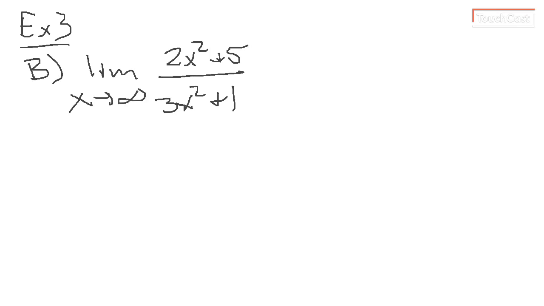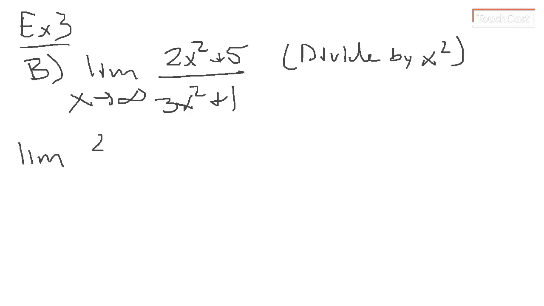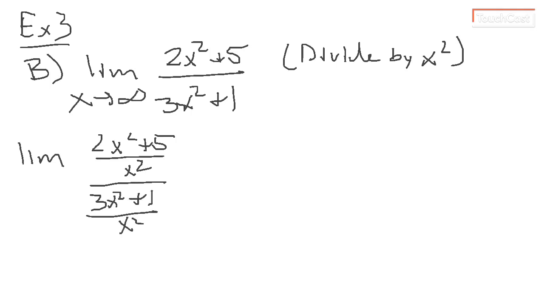So, again, the highest power in our denominator is x squared, so we're going to divide by x squared. So we're going to write this as the limit of 2x squared plus 5 over x squared over 3x squared plus 1 over x squared as x goes to infinity.